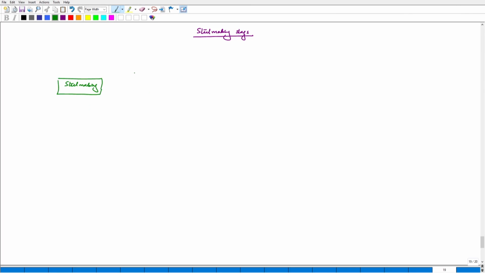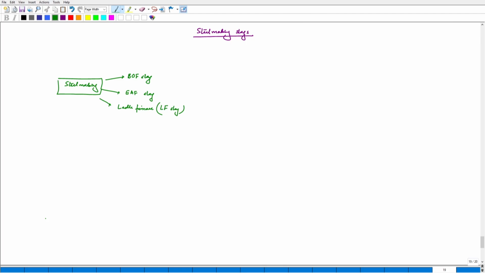So we have the conventional BOF slag, basic oxygen furnace slag. We have the EAF slag, electric arc furnace slag, and we have the ladle furnace slag, LF slag.